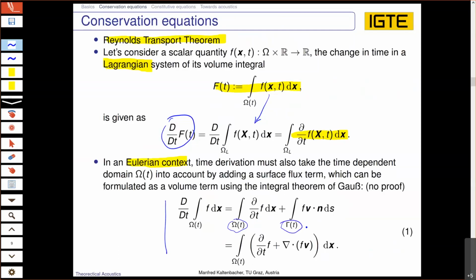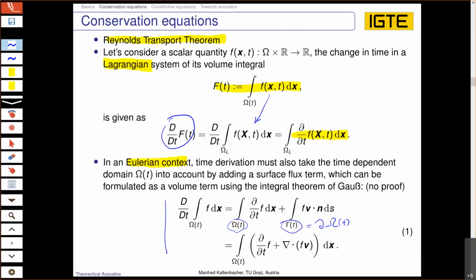So actually we could also write here, I like it more, the partial omega as a function of t, which indicates it's the closed surface of the volume omega we have here. So this also indicates it's a closed surface, and we have here the surface enclosing this volume.